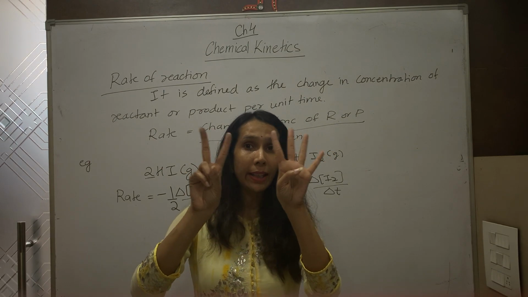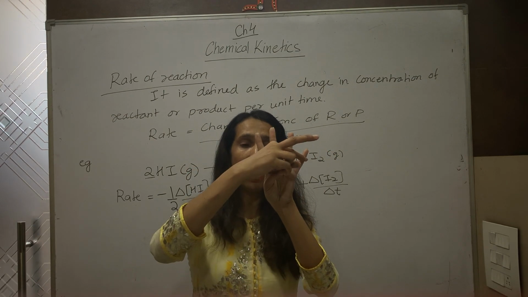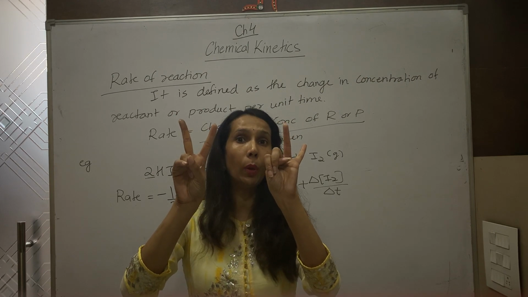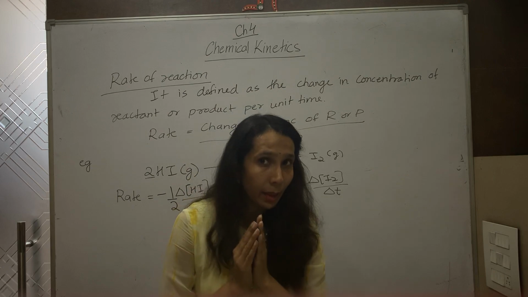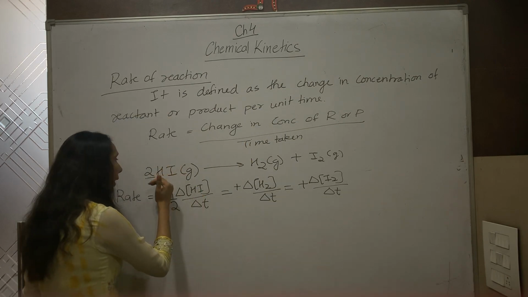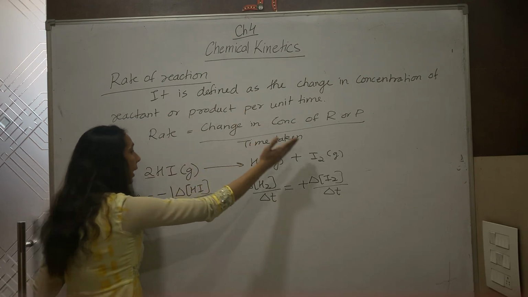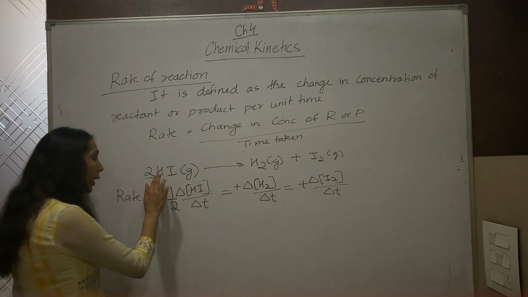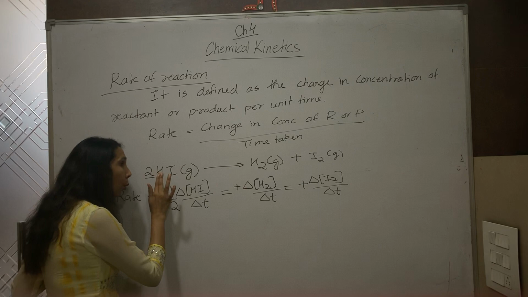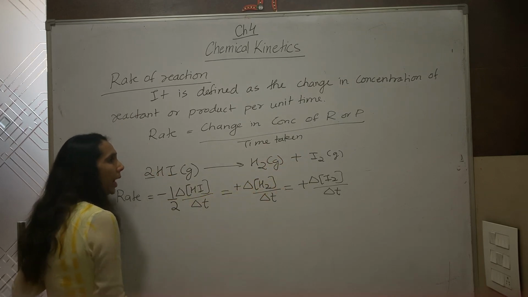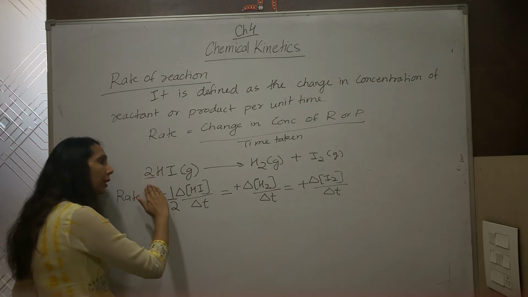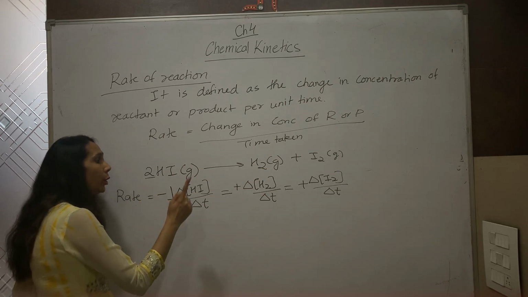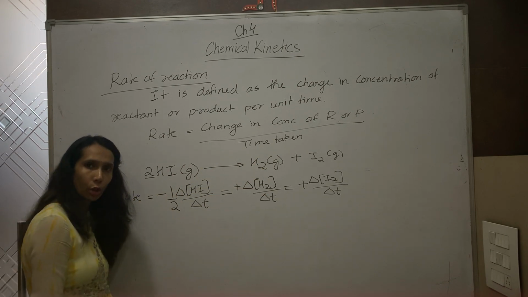To make the rates equal, I have to divide this by 2 so that the rates become equal. So the rate of disappearance of HI is twice the rate of appearance of I2. When 2 moles decrease, then 1 mole of I2 will increase. That's why to make the rates equal, I divide by 2.